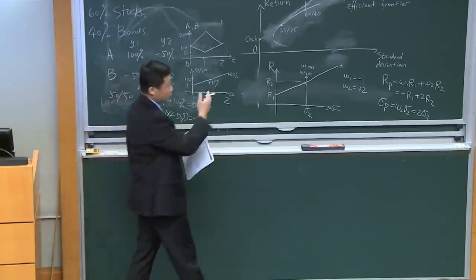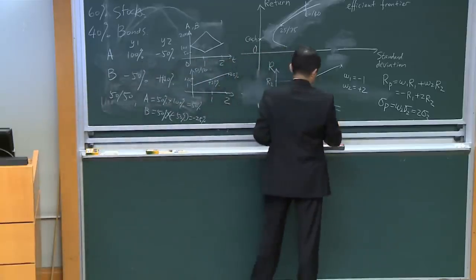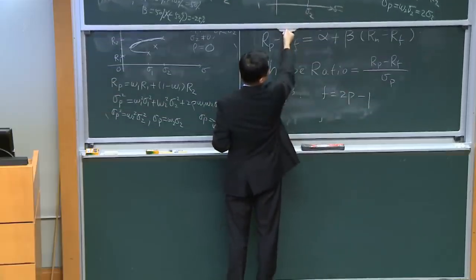So what does your Sharpe ratio look like for the risk parity portfolio?